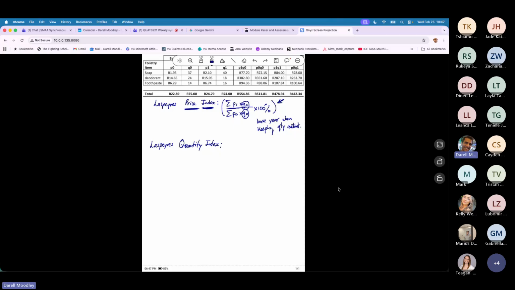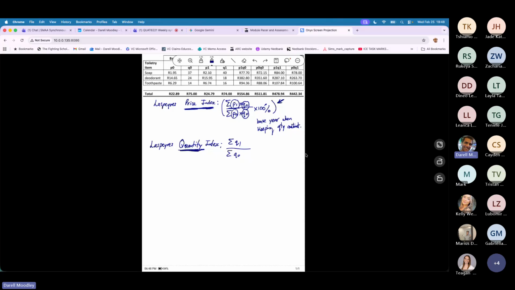In the same way, if I want to determine the quantity index, then I need to look at, in the numerator, the quantity in the current year relative to the quantity in the base year, if I want to know how quantity has changed. Let me just repeat that. For the price index, you have to vary the price. They can't be the same in the top and the bottom.